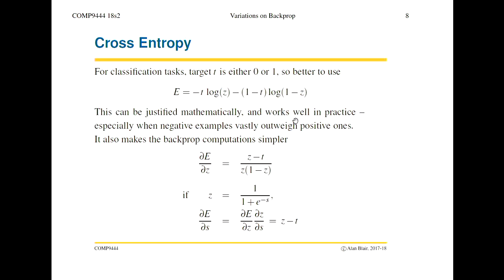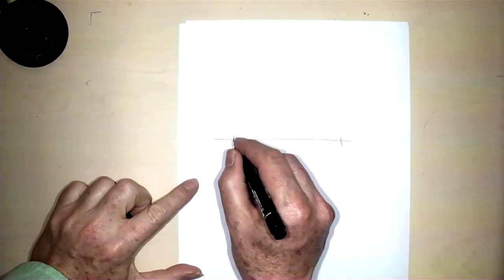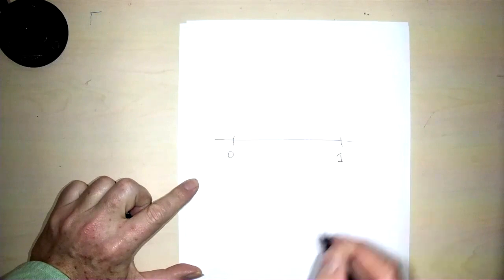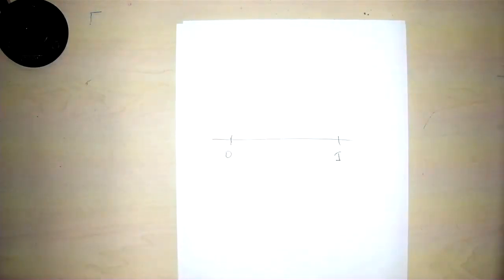Now, the reason is, let me try to draw a picture here. This is mainly an issue when you have asymmetric data. So 0 and 1. Let's suppose you're looking at financial fraud. You're looking at financial transactions.